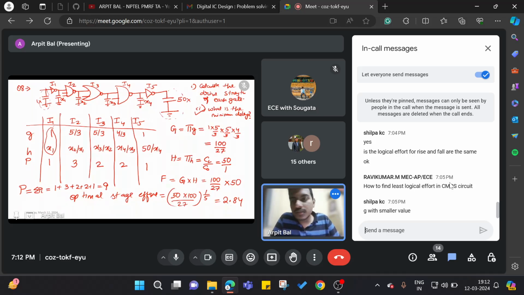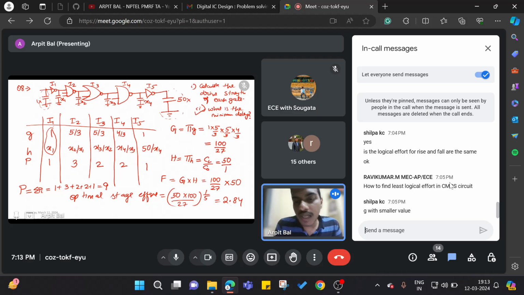Okay, the next question: we were supposed to calculate the minimum delay and the drive strength of each gate. In this question, first we need to figure out the individual logical efforts and the path electrical effort, that is going to be CL by C out.